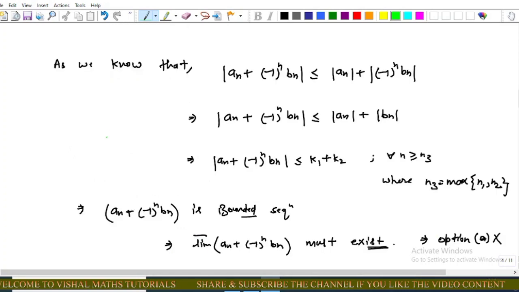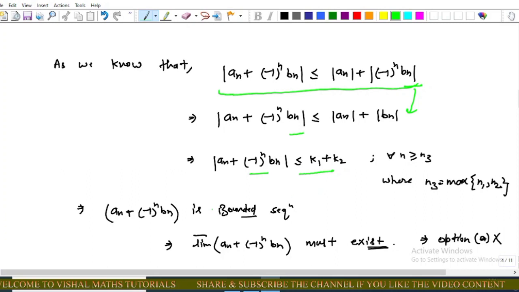Now as we know this inequality, |a_n plus minus (-1)^n b_n| is less than or equal to |a_n| plus |b_n|. Now using 1 and 2, |a_n| is less than or equal to k1 and |b_n| is less than or equal to k2. This implies that the modulus of this sequence is less than or equal to k1 plus k2.